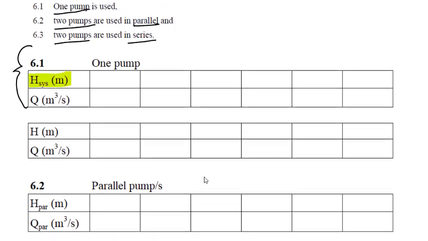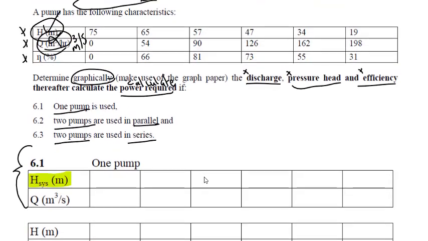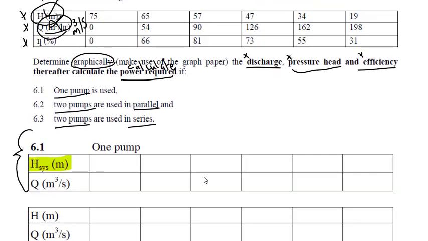Let's rewrite on your piece of paper the H values that you need here. Okay, so let's do that. The first Q value in meters cubed per second, we'll have to convert. It's going to still be 0. Let's do the second one, where it reads 54. We'll have to convert that. How do we convert it?